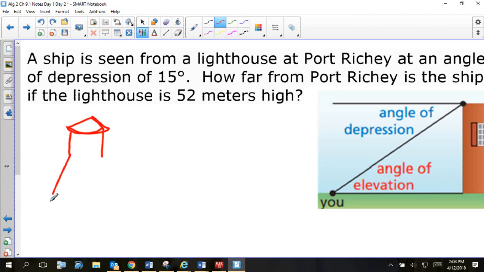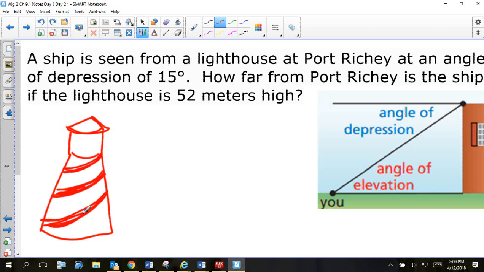I'm not done yet. Oh, damn. No noise. Draw your lighthouse. Oh, I'm with the dogs.